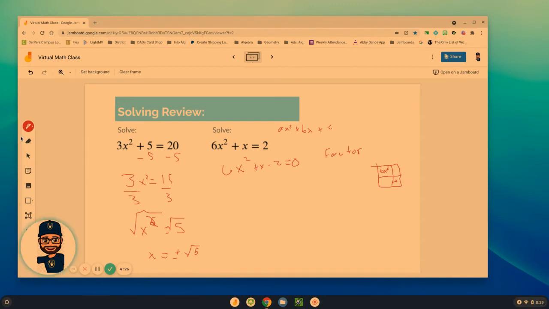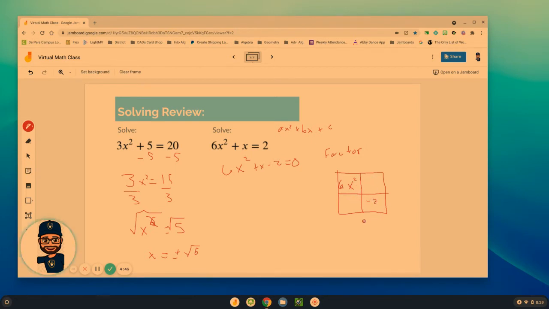Let me make this box just a little bit larger, because that's a little hard to see, and we can actually use this box method. So factoring. We did 6x squared in the top left box, and then we did -2 down here.